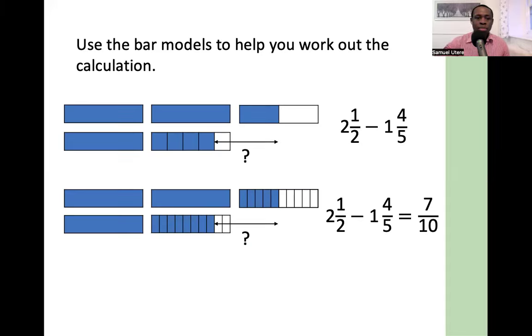Something interesting you need to note is that, yes, 2 minus 1 is a whole. So we have 2 lots, we take away 1, and we have 1 left.